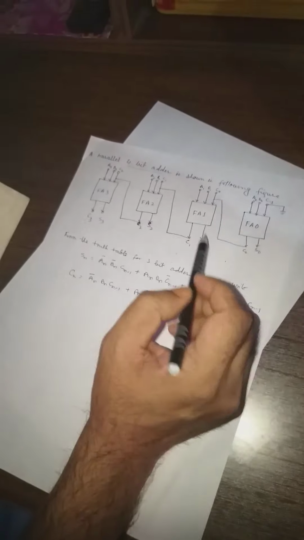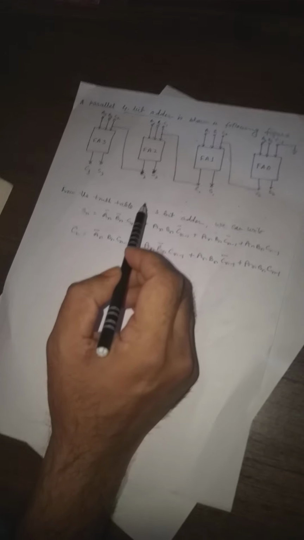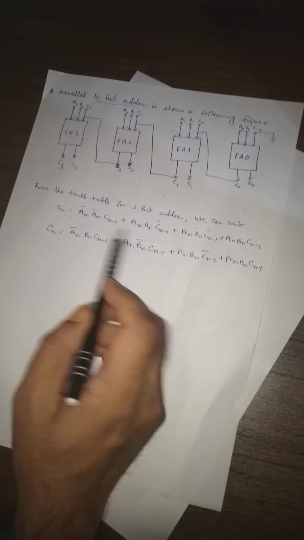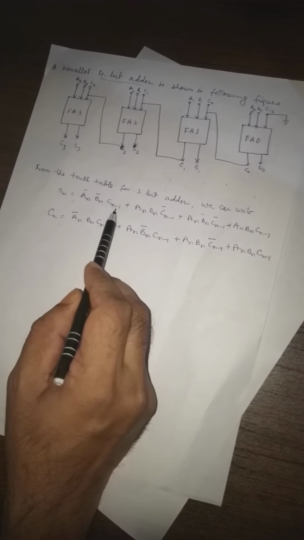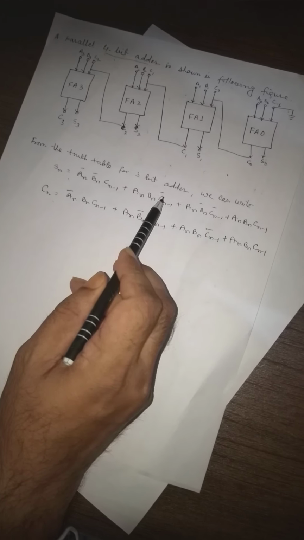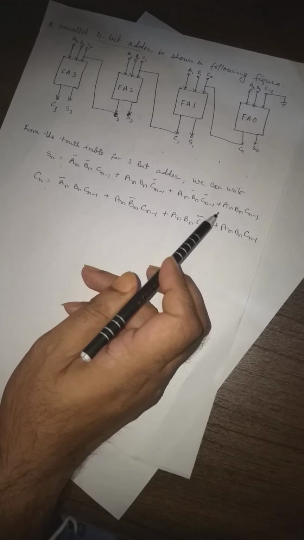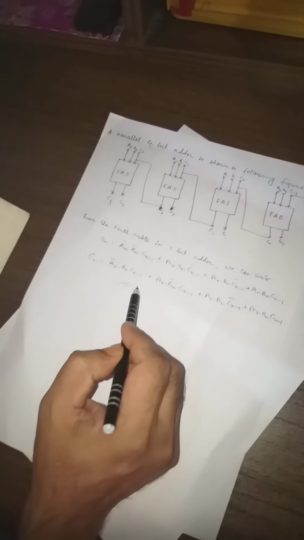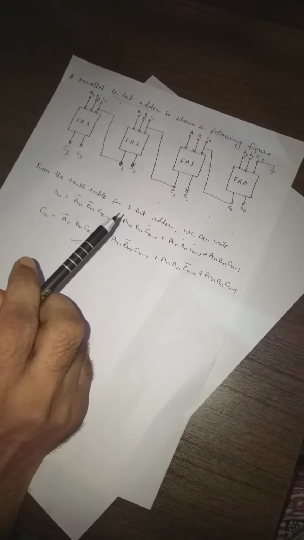From this truth table of full adder, we can verify that the Boolean expressions for Sn and Cn are given by this expression: Sn equal to An bar Bn bar Cn minus 1 plus An Bn Cn minus 1 bar plus An Bn Cn minus 1. So this is your parallel 4-bit adder shown in this way. Thank you.